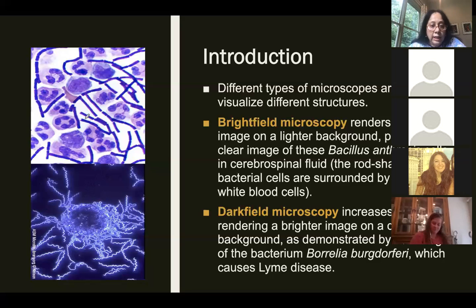So in the first picture, we provided enough light both on the specimen and on the background. In the second picture, we provided light only on the specimen. We modified the microscope in such a way that light could only go through the specimen.